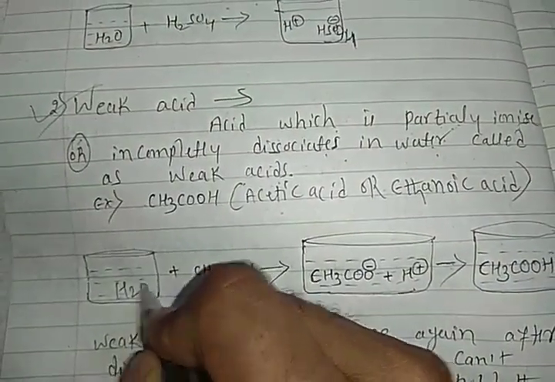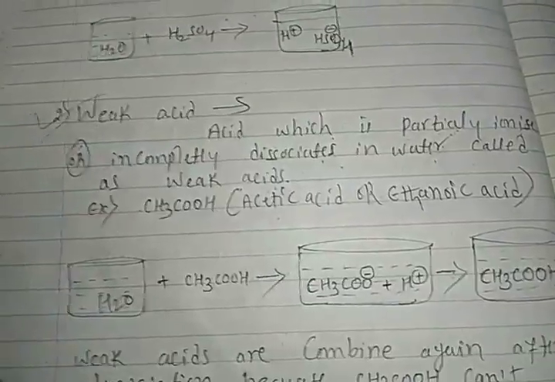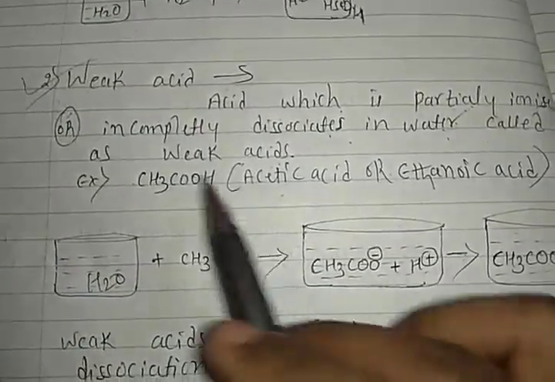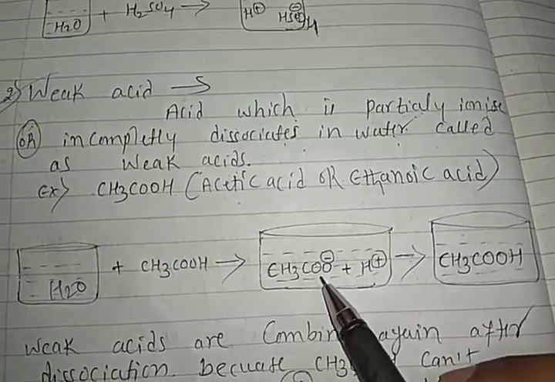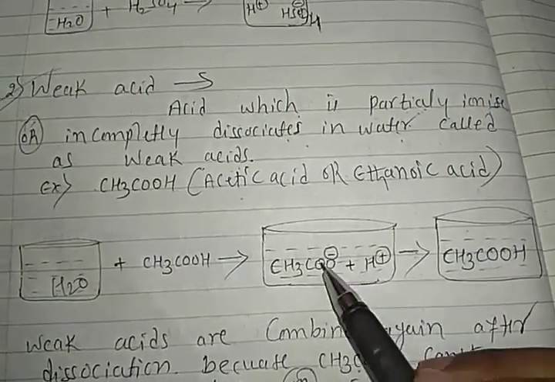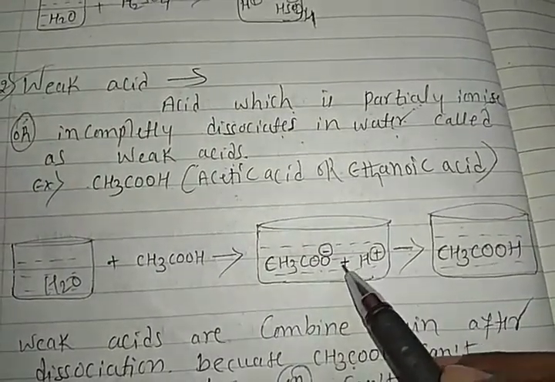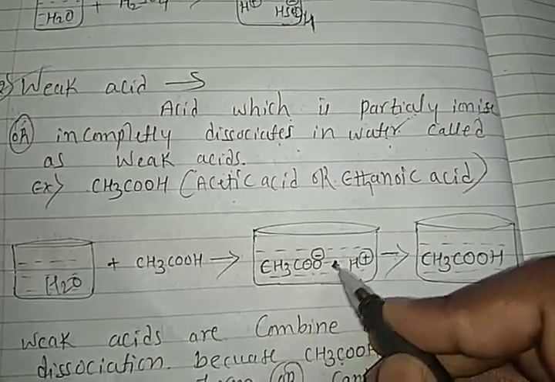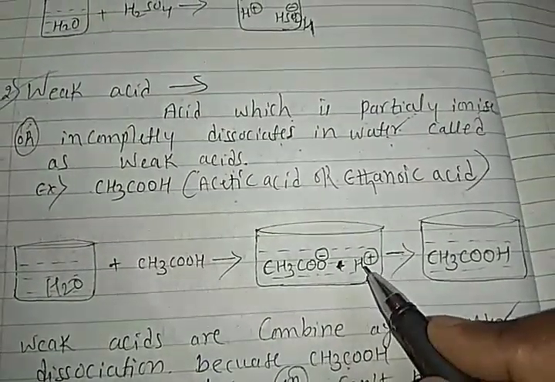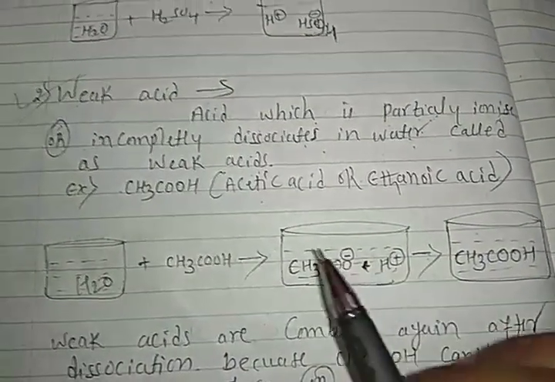I am using water, and in this water I am adding a few drops or a few ml of acetic acid. After that, it dissociates to form the ions CH3COO- and H+.